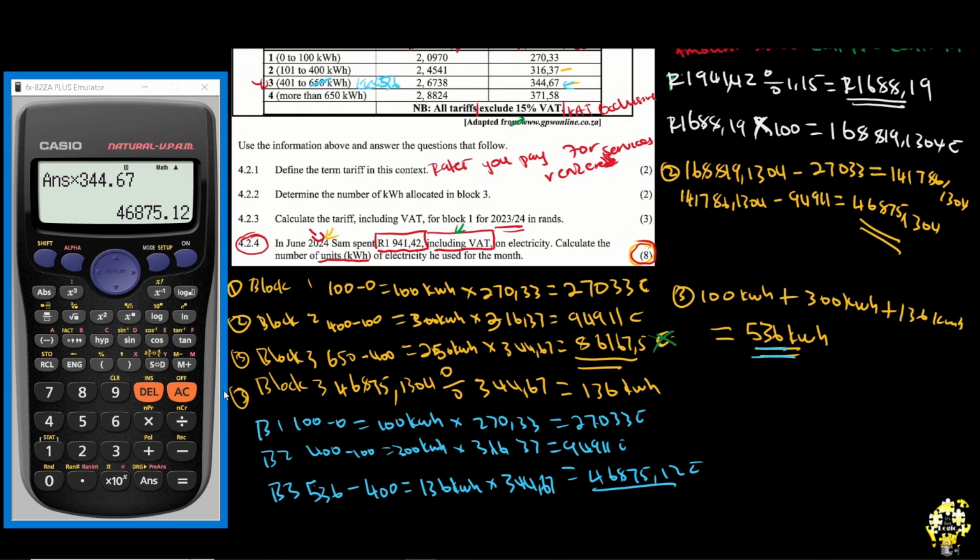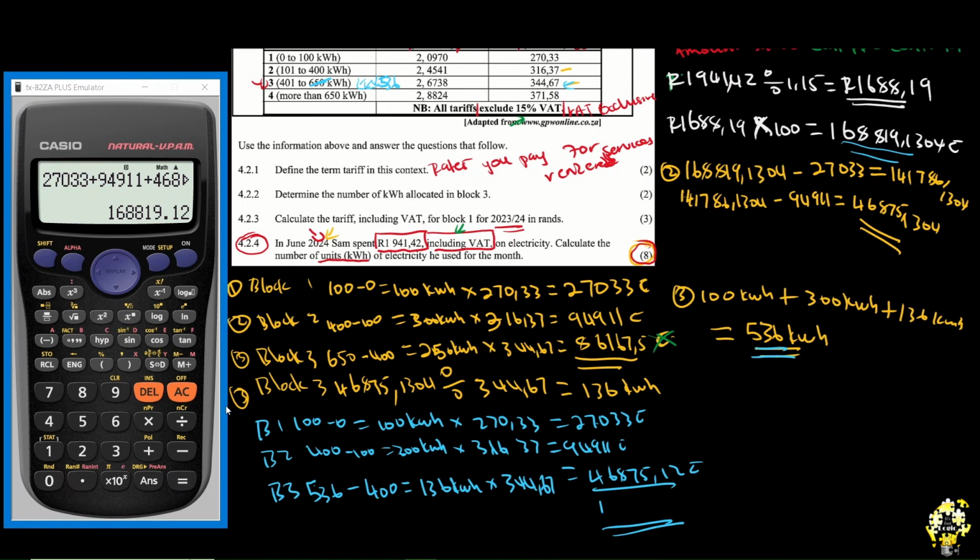We actually get 46,875.12 cents. Let's prove. The amount that we are going to get here when we add all these should equal this amount that we got at first. Where is the amount? This is in rands. It's not supposed to be in rands. It's supposed to be this one. So let's prove that. 27,033 plus 94,911 plus 46,875.12.